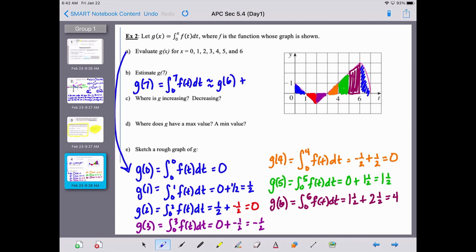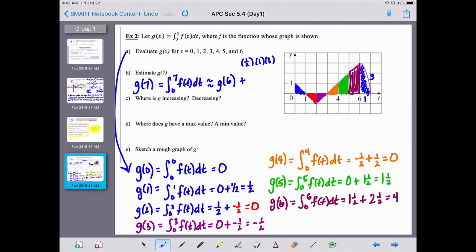Well, I could estimate that as being a triangle that has a base of 1 and a height of 3, right? It has a base of 1, it has a height of 3, and it's almost triangular. We know the area is slightly bigger, but this is a good estimate. So I'm going to say 1/2 times my base of 1 times my height of 3.